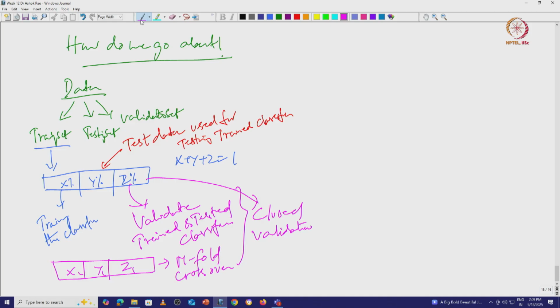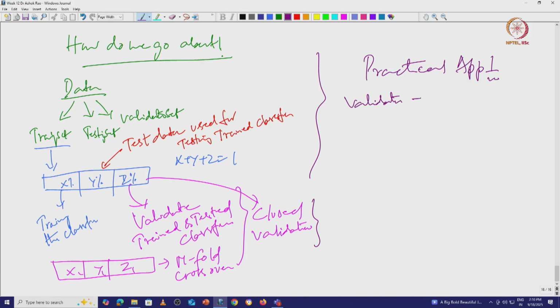What is important is particularly practical application. This validation needs to be done by a third party, external data set.